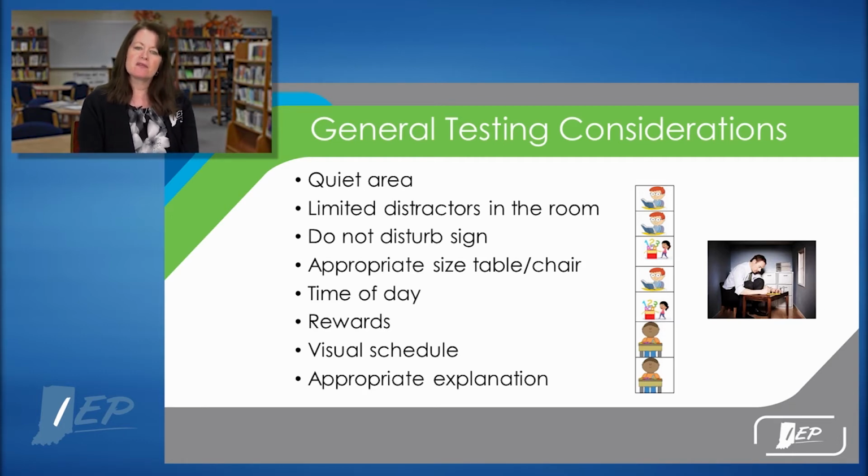It's also important to give an appropriate explanation of what we're doing to the student. I try to never use the word test. Test usually implies grade. And a grade usually implies I could potentially fail this.